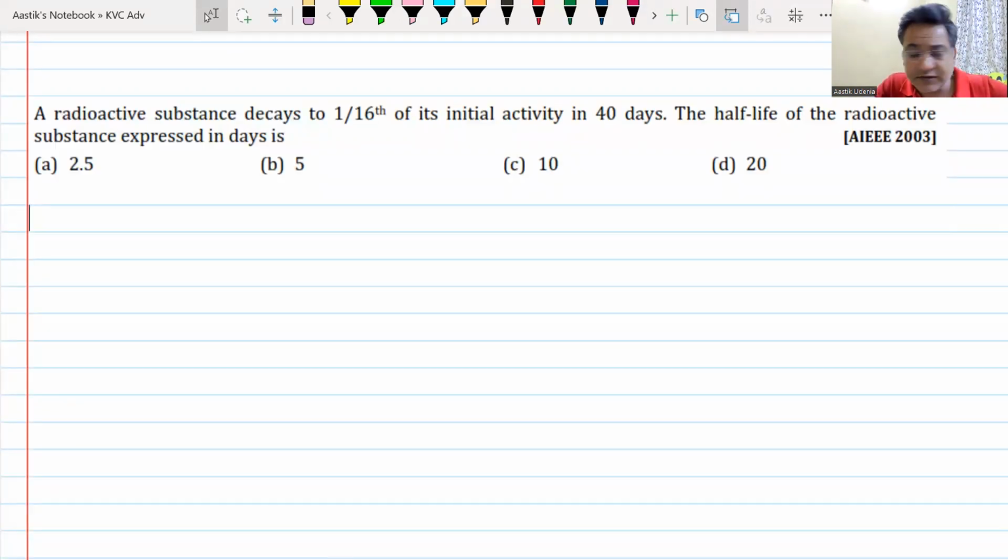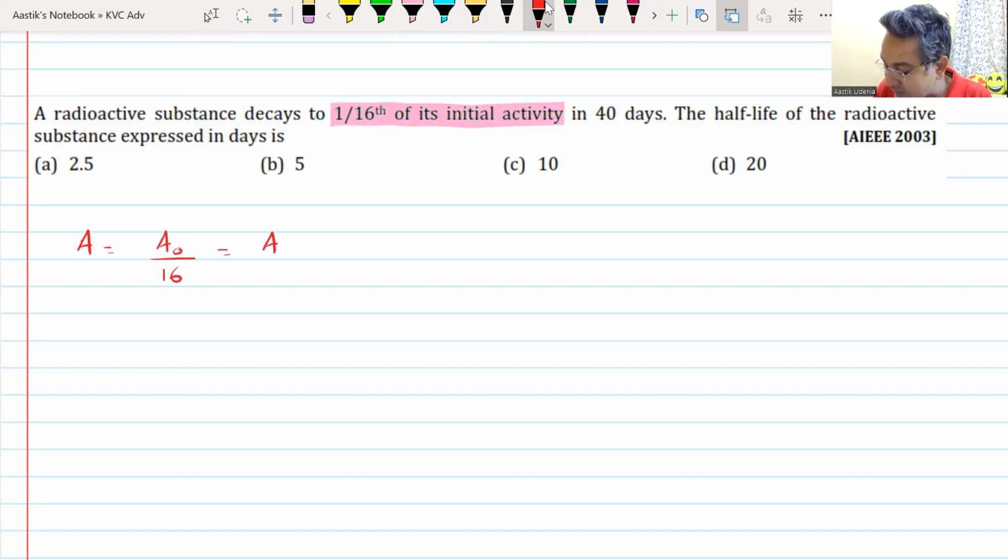This is a question from previous years, and it may have come many times. The radioactive substance decays to 1/16th of its initial activity in 40 days. What is the half-life? I'll give you 2 minutes. Well, the correct answer is definitely 10. You can see it decays to 1/16th of its initial activity, so the activity becomes A0 divided by 16.